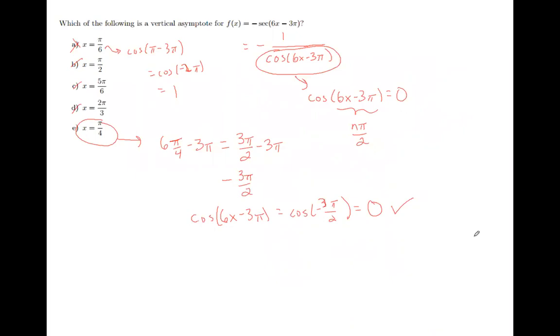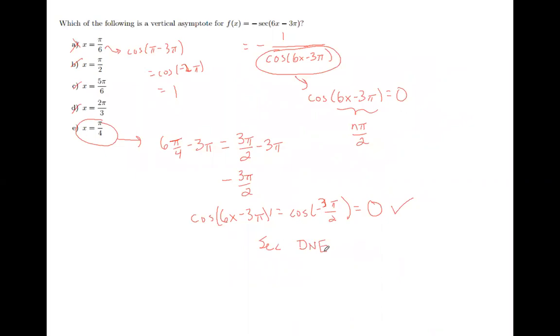In this case, pi over 4 is the value of x that makes cosine of 6x minus 3 pi equal to 0. So there, the secant is not going to exist. You will not have a point there, you will have a vertical asymptote.